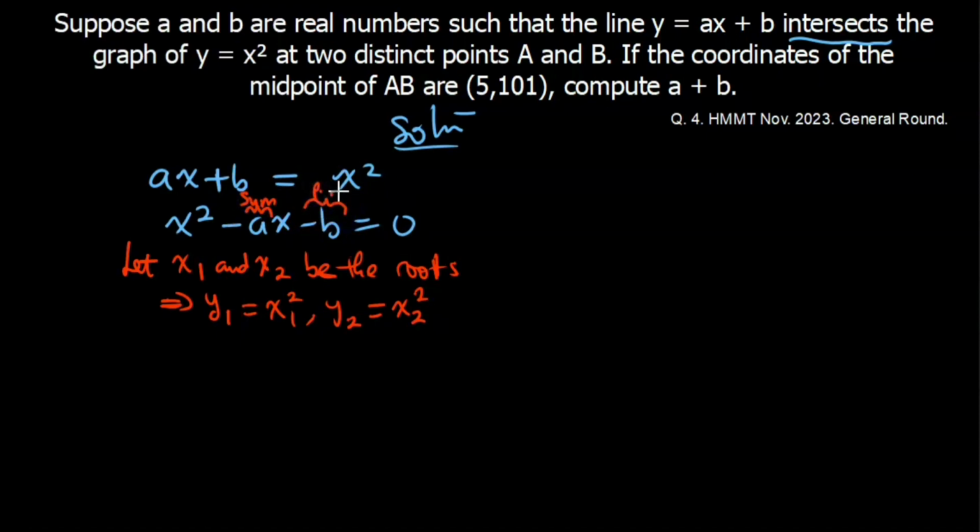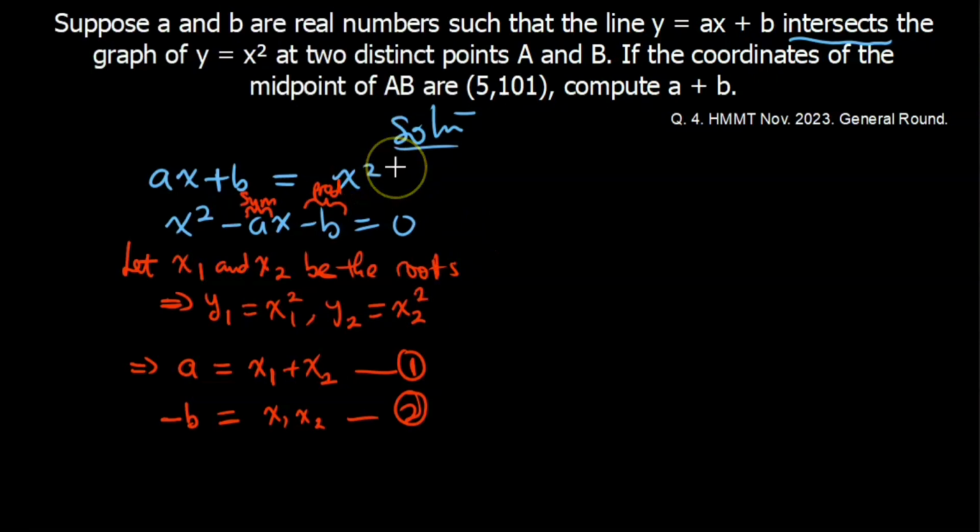So a is the sum of the roots, x1 plus x2, while negative b is the product x1 x2. I think that's Vieta's formulas. So these are the two equations, let's call them equation 1 and equation 2. Let's continue.